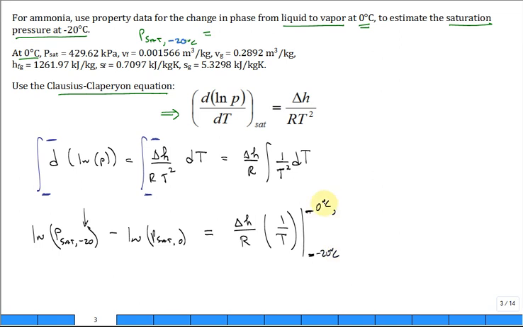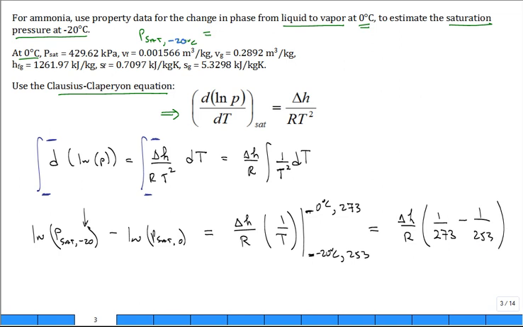So 0 degrees C is 273, and -20 is 253 Kelvin, right? So that's what we have. So what we have is you're going to have a delta H divided by R, 1 over, basically, I'm going to put numeric values in there, minus 1 over 253.